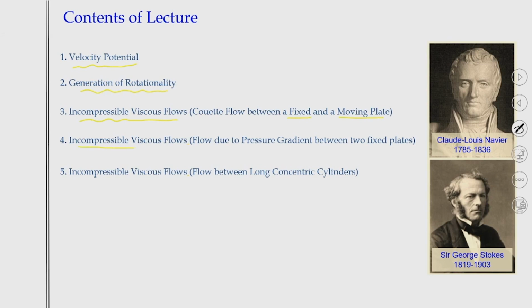The same incompressible viscous flow we will look at due to pressure gradients between two fixed plates, that is Poiseuille flow. Then we will discuss incompressible viscous flow in cylinders.